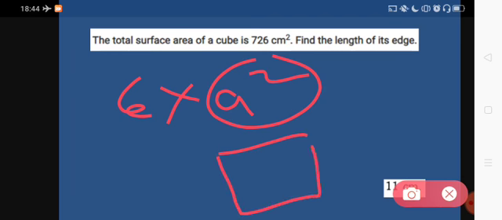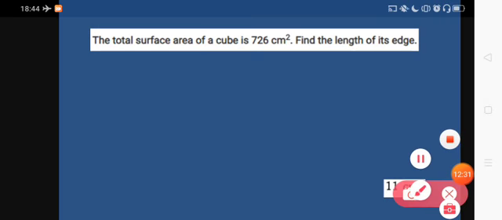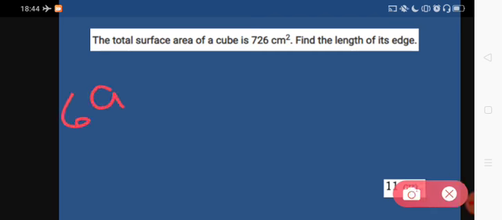A square will be the area of a square, and 6 into a square will be the surface area of the cube. Now we will put the value. First of all we will write the formula: surface area is equal to 6 into a square.